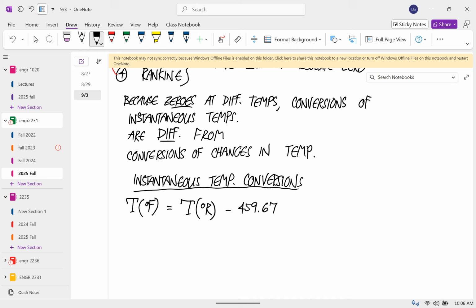So absolute zero is at negative 459.67 degrees Fahrenheit.